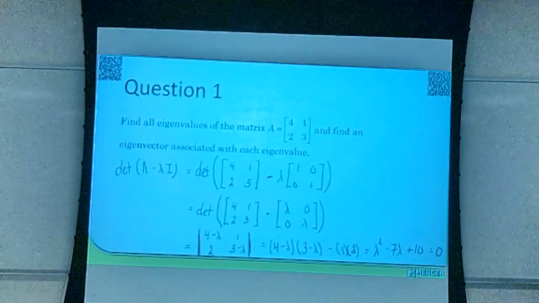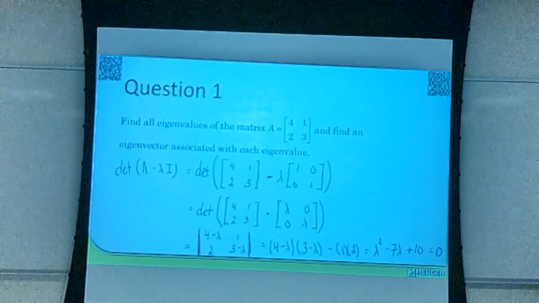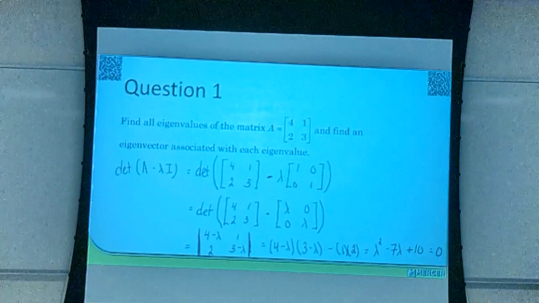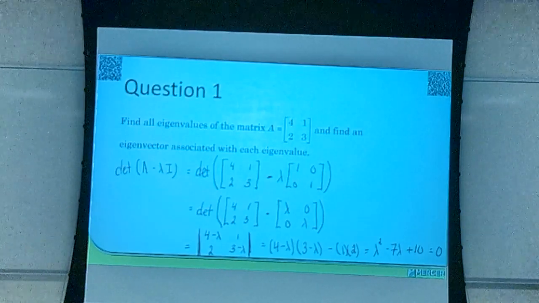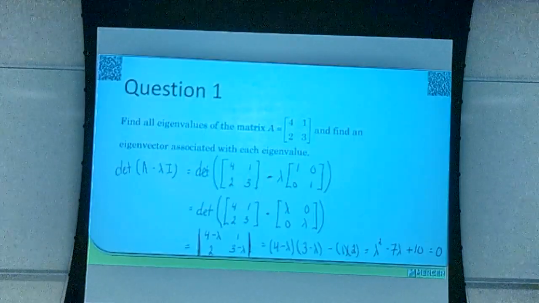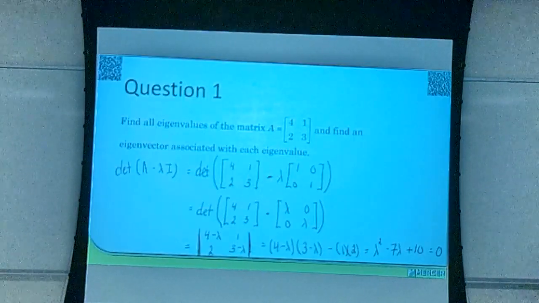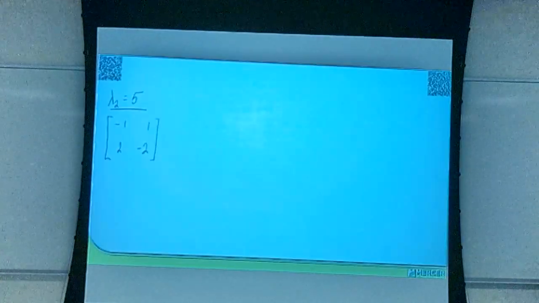Same process. A minus lambda I, 4 minus 5 is negative 1. So you get negative 1, 1, 2, negative 2. Now RREF that.